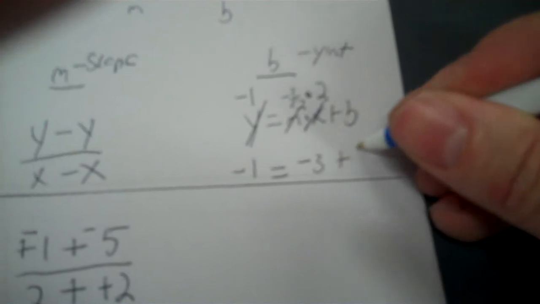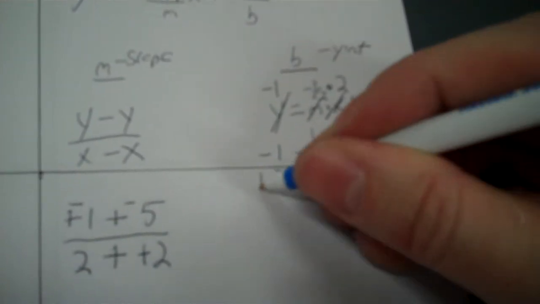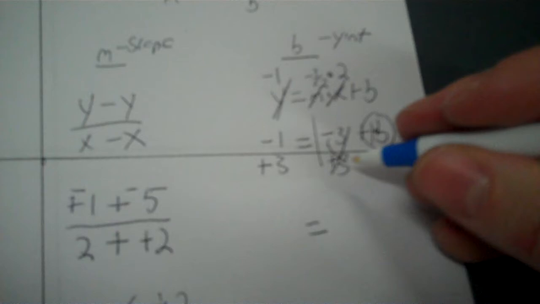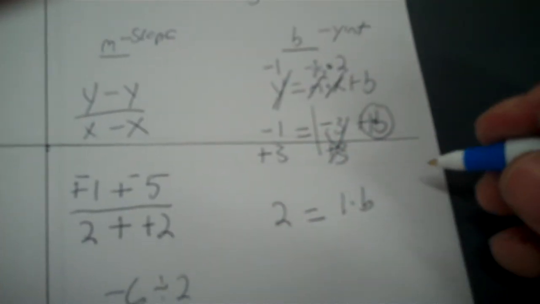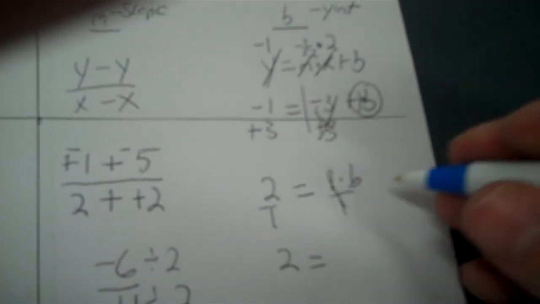So I got -3 plus b. Now put a 1 coefficient, so 3 and 3, so you would plus 3, and we have 1 dot b here, and -1 plus 3 is 2. Now you divide by 1, so 2, and then b, so that is 2.